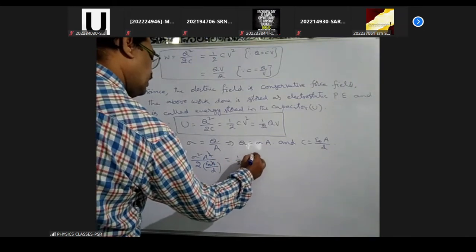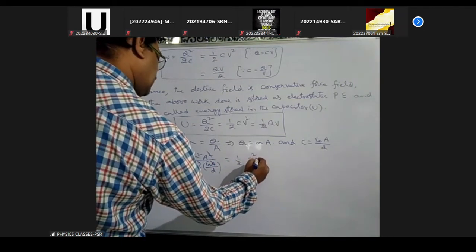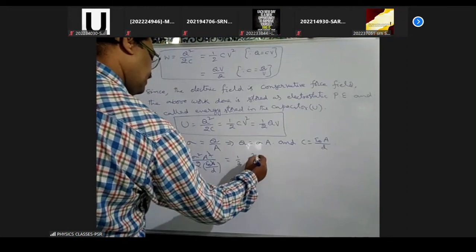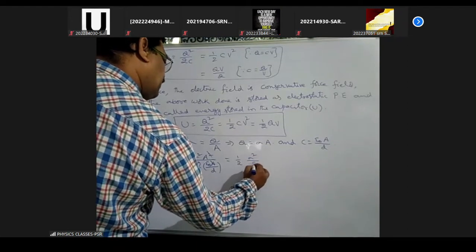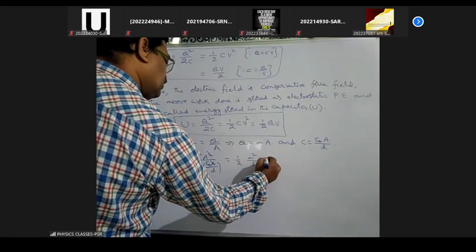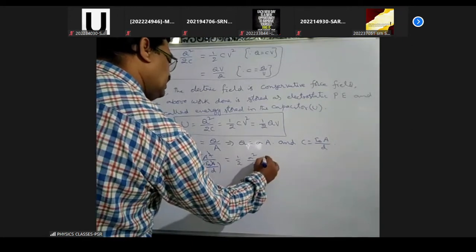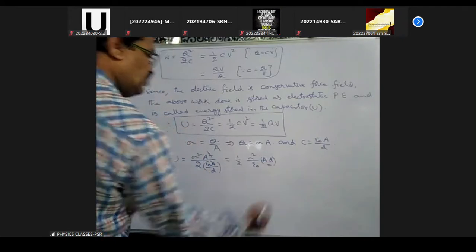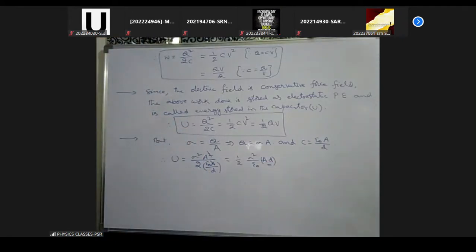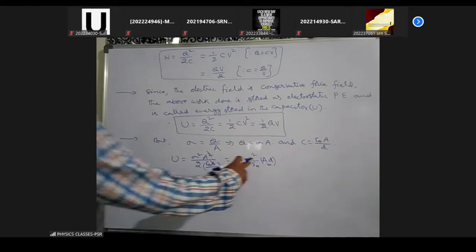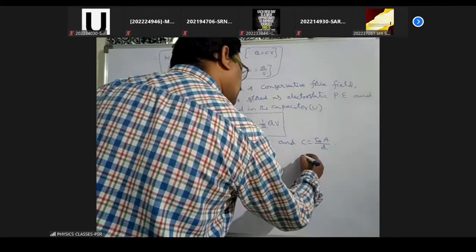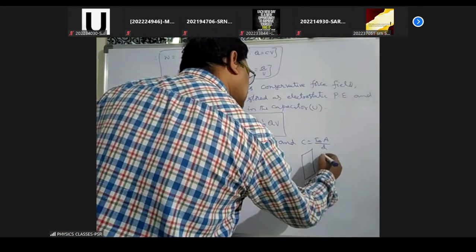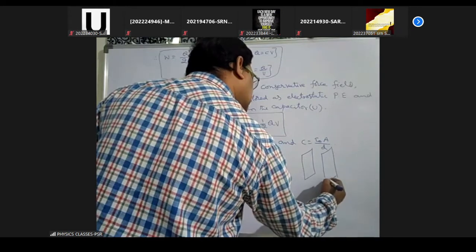Now this can be written as half sigma square by epsilon naught into A into d. What is A into d? This is a plate like this, this is another plate like this.